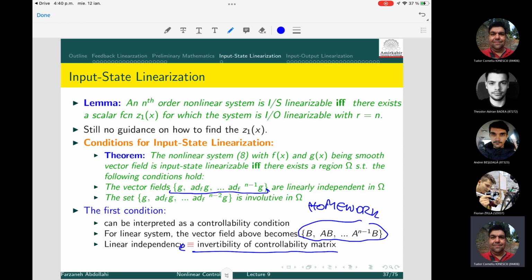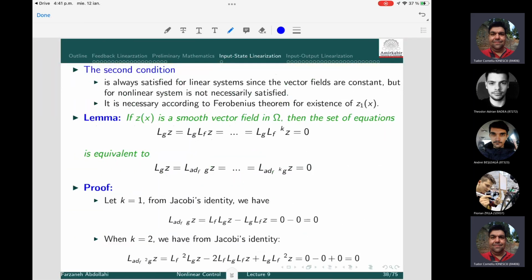Essentially, these are equivalent in the linear case. The first and the third condition are equivalent in the linear case.